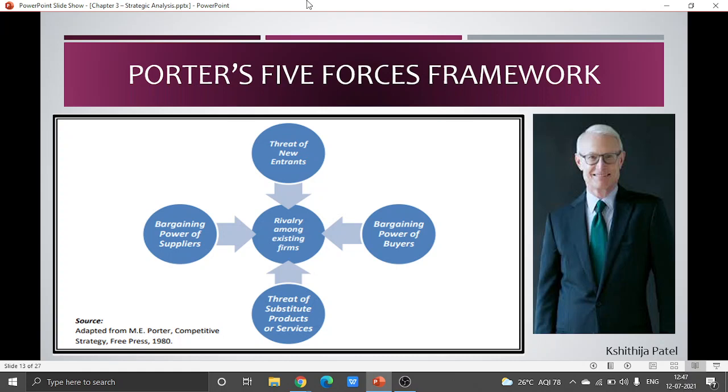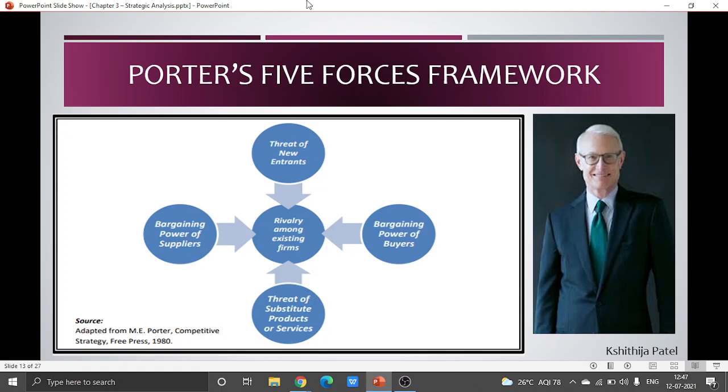Now if you observe this particular framework closely, this five force analysis is undertaken from the perspective of the incumbent or already existing organizations and also the new entrant organizations. The intensity of competition within the industry is of utmost concern for any organization.